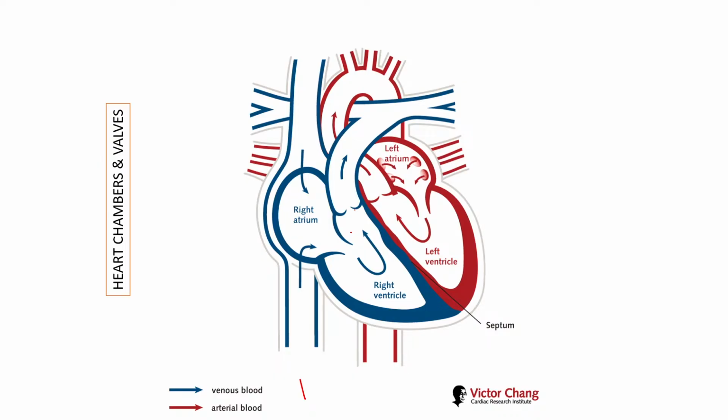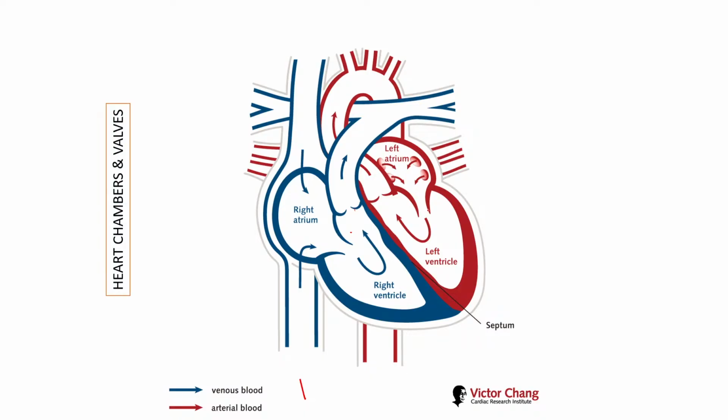And in the heart there are 4 doors, and these doors are called valves. Valves only allow unidirectional flow of blood, in one particular direction in your heart.